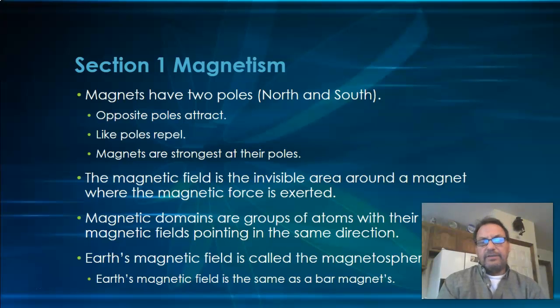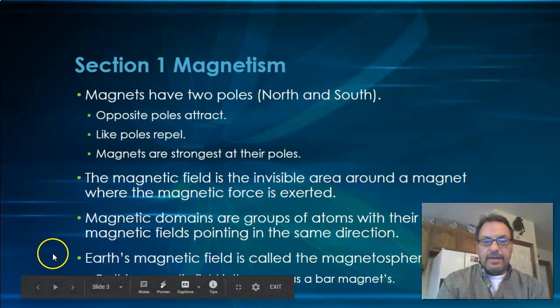The magnetic field is the invisible area around a magnet, where the magnetic force is exerted. There are magnetic domains, and they are groups of atoms with their magnetic fields pointing in the same direction. And then the Earth's magnetic field is called the magnetosphere. And Earth's magnetic field is like a bar magnet.